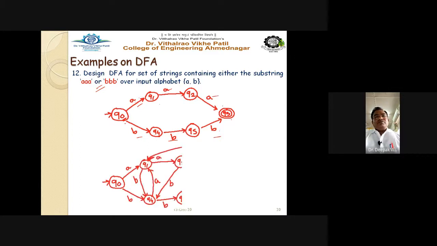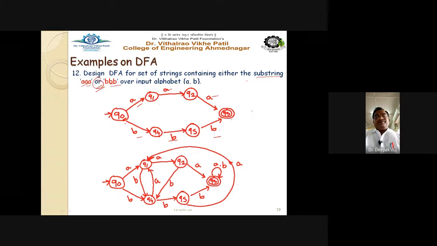Whatever the rest of the transitions may be, they are drawn in the final DFA diagram. So this is your final DFA for the strings containing either substring triple A or triple B.